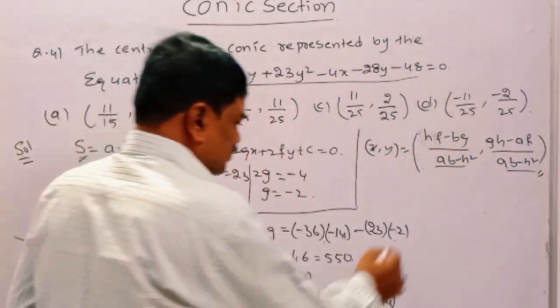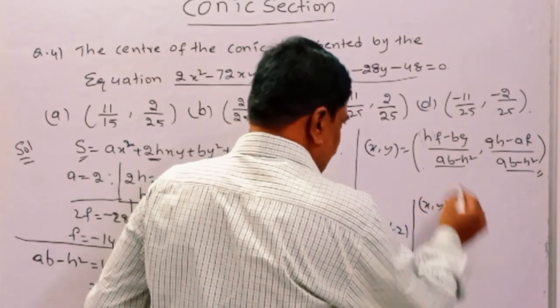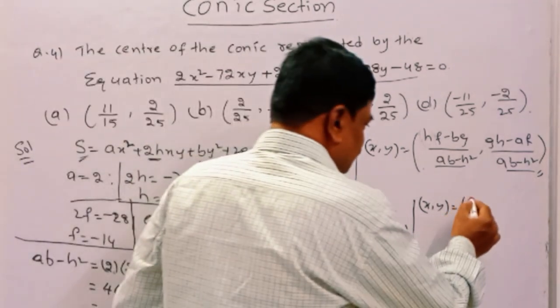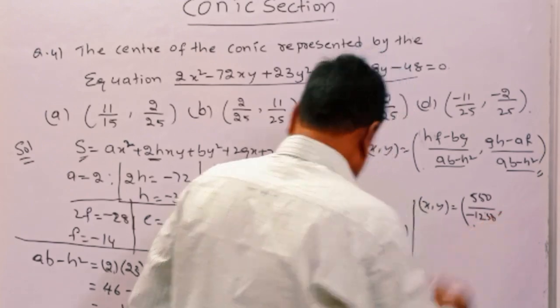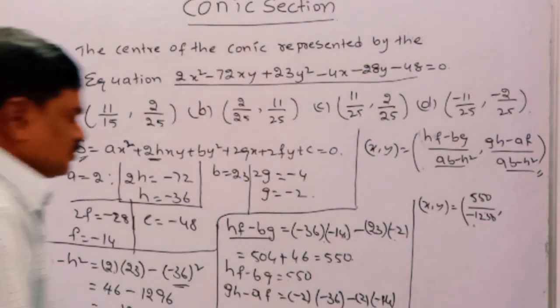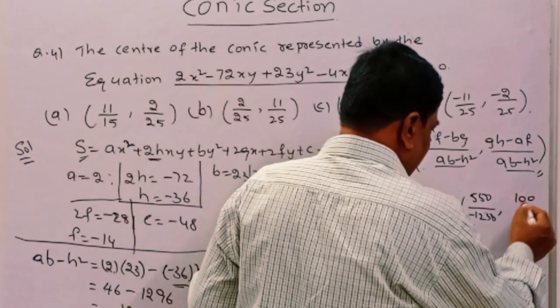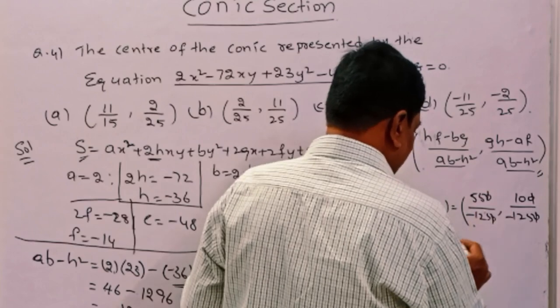So what is the center? x comma y is equal to hf minus bg, 550, by ab minus h square, minus 1250, comma gh minus af, 100, by minus 1250. The zeros cancel.